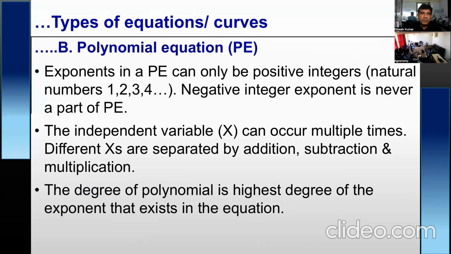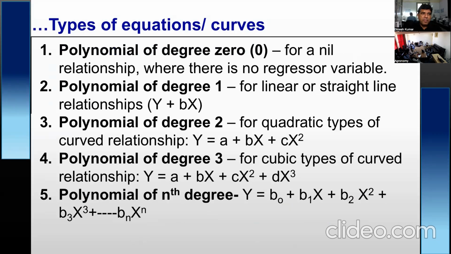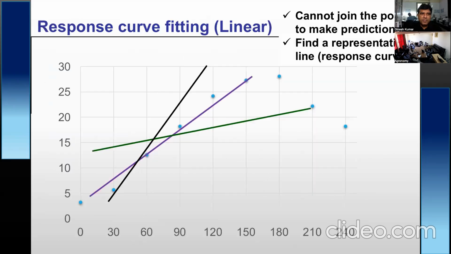In polynomial equations, the numerals are the power, 1, 2, 3, 4. These numbers are powers of the variable x. In exponential equations, it is the exponent which is in power. And you have seen different types of curves and equations.